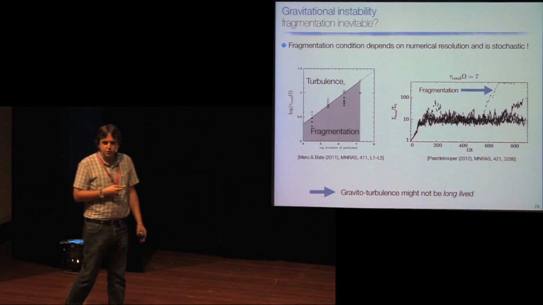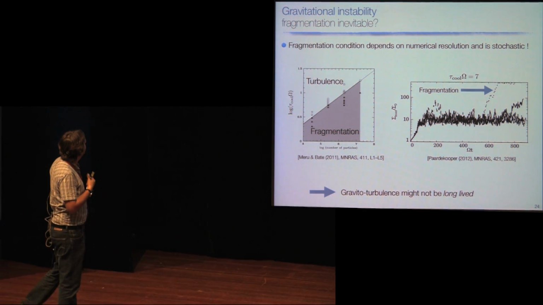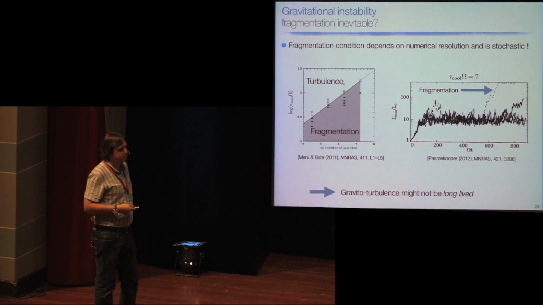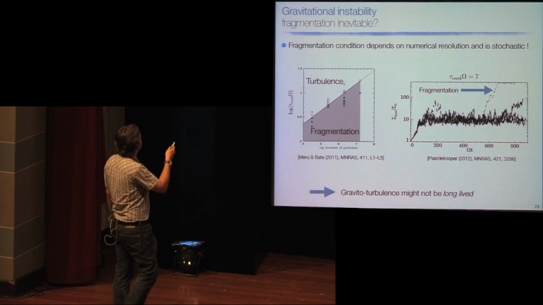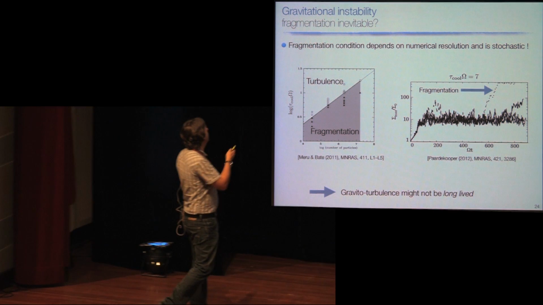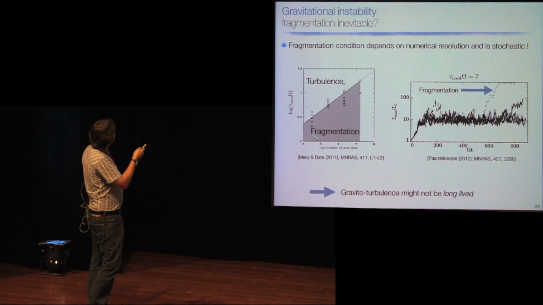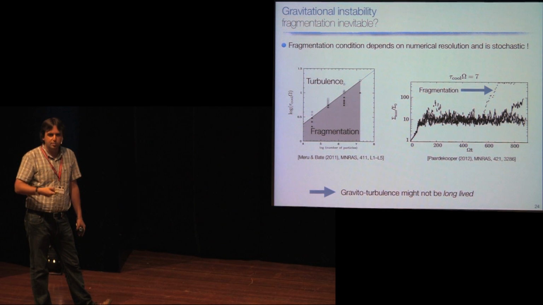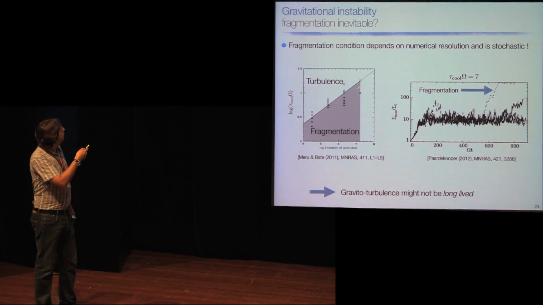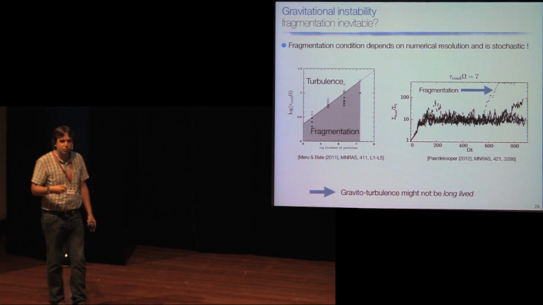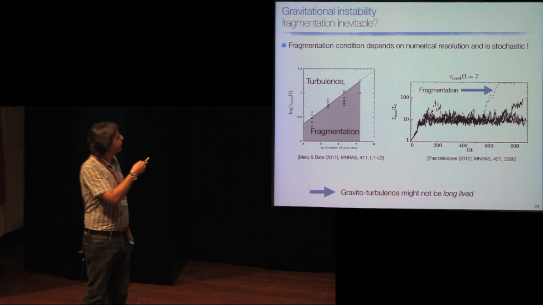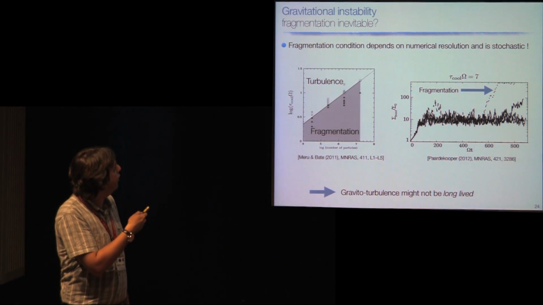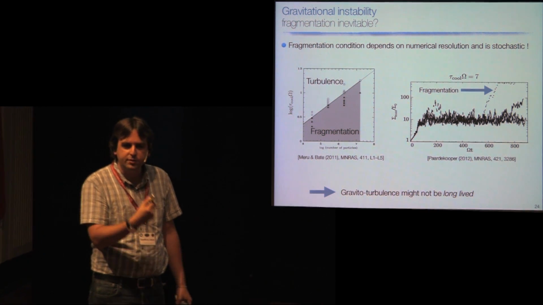These are SPH simulations of self-gravitating disks. We have horizontally the number of SPH particles, vertically the logarithm of the cooling timescale. What you see is that in this gray region you have fragmentation. As you increase the number of SPH particles, you can have fragmentation for longer cooling times, and there is no hint of convergence. That's bad news. It tells you that we don't quite know what the critical cooling timescale is for which we get fragmentation.